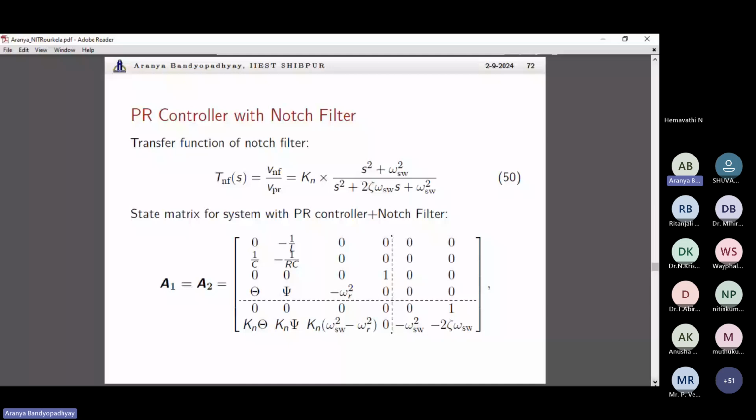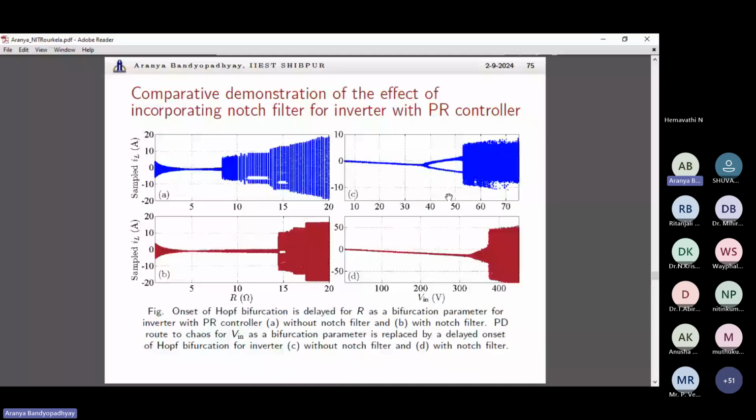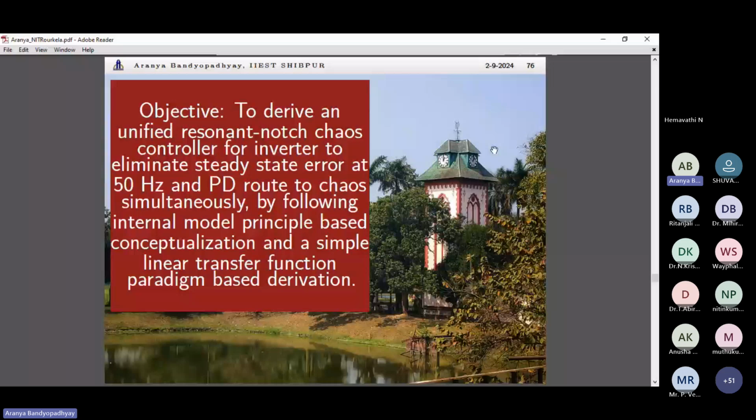You can clearly appreciate how effective it is in delaying the onset of instability. Now, from that, we can take inspiration to derive a unified resonant notch chaos controller. Why? Because the proportional resonant controller was derived through a simple application of the internal model principle.